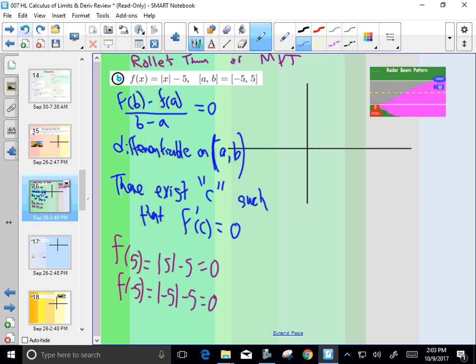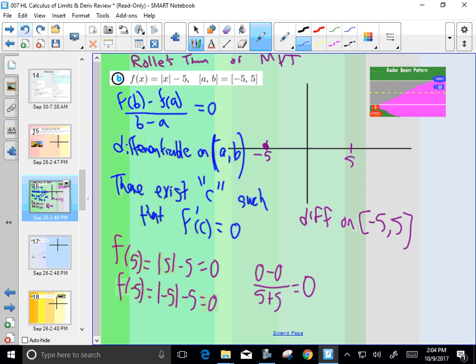So is 0 minus 0 over 5 minus negative 5 equal to 0? Mm-hmm. And is it differentiable on negative 5 to 5?